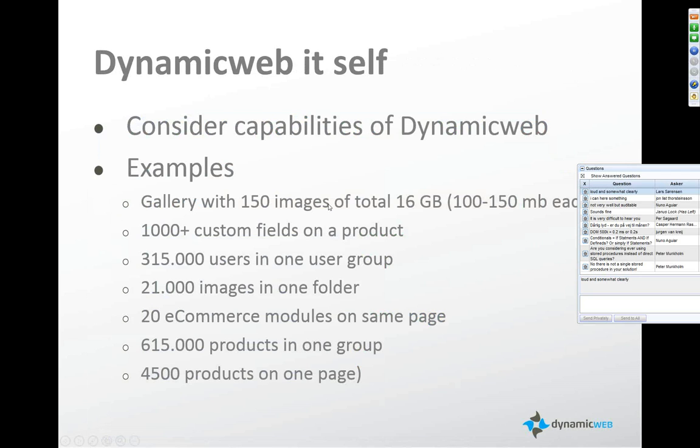And then there's Dynamicweb itself. All of this is implementation and custom modules related to things that I've talked about so far. But Dynamicweb, of course, is not in all situations performing like a rocket. I have a bunch of examples of things that I've seen done wrong in the past couple of months on cases I've seen.